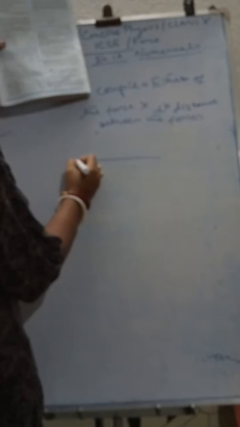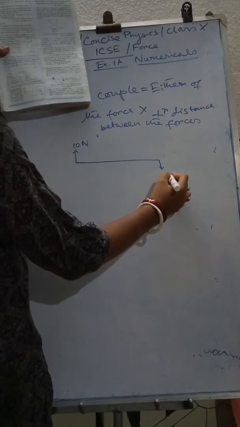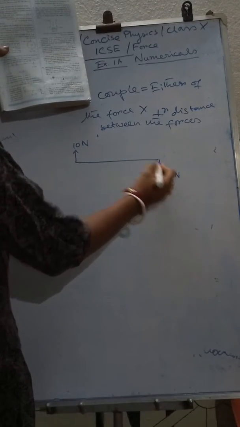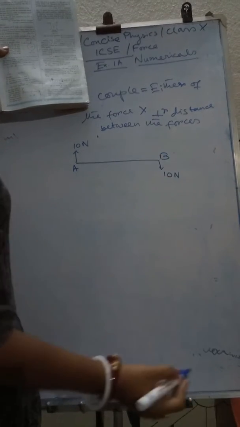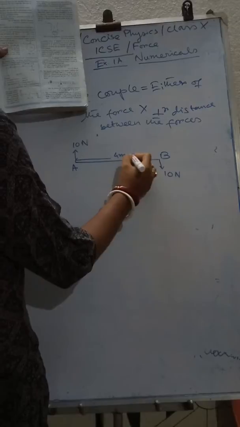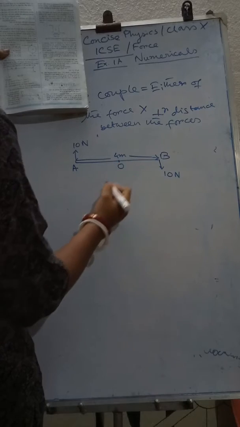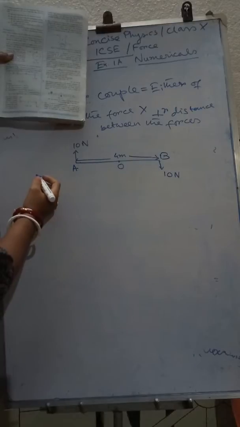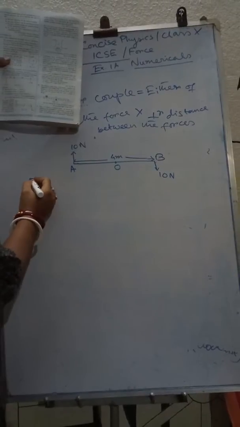Two forces, each of magnitude 10 Newton, act vertically upwards and downwards at the respective two ends A and B of a uniform rod of length 4 meter, pivoted at the point O, which is the midpoint of this rod. We have to find the magnitude of resultant moment of forces about the pivot O.